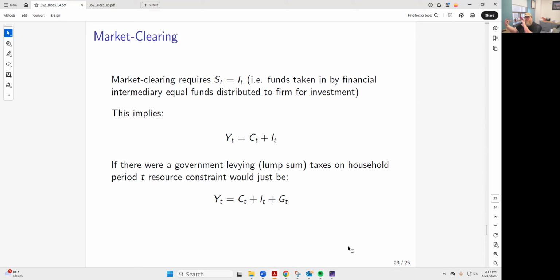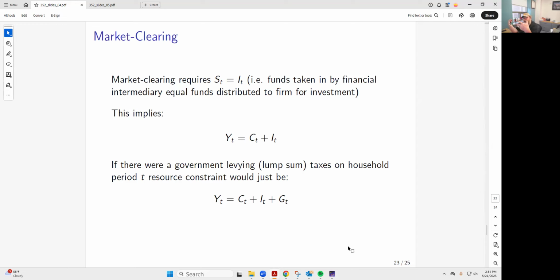So when we talk about the macroeconomy, when we talk about aggregate output, we're going to think about aggregate output in the economic system being equal to aggregate consumption plus aggregate investment plus government spending.